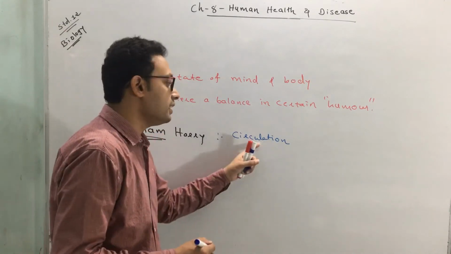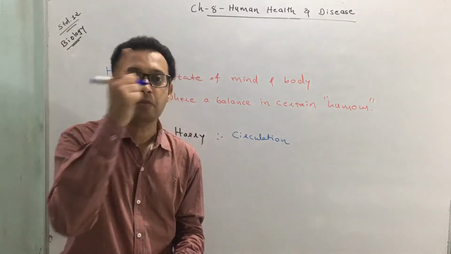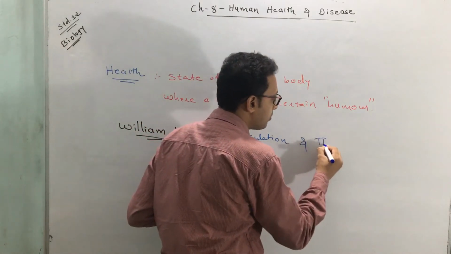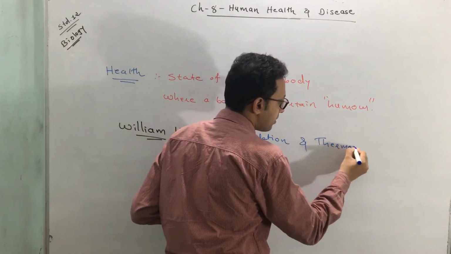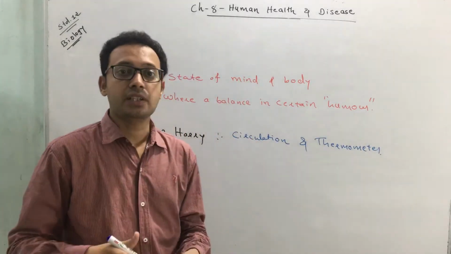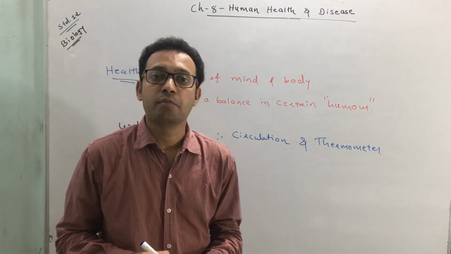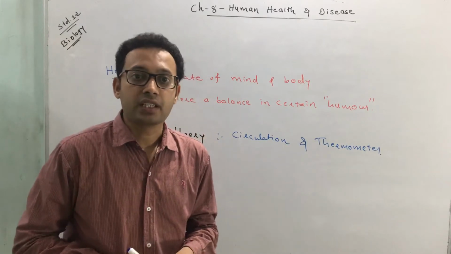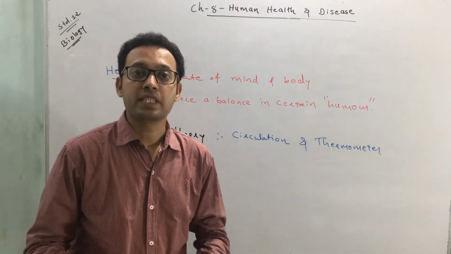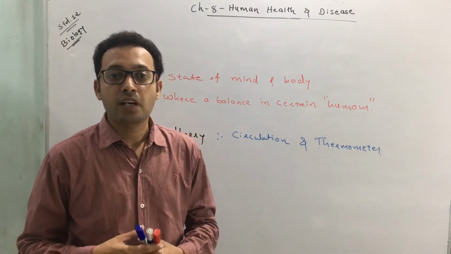He saw that blood is circulating in our body, and there was also the discovery of the thermometer. So the discovery that blood circulates in our body, and the discovery of the thermometer, which is responsible for measuring the temperature of our body.